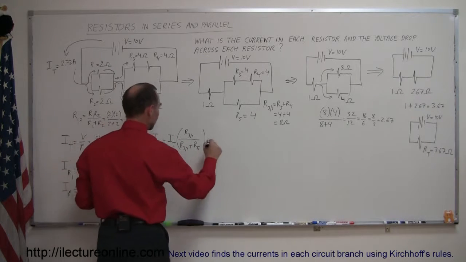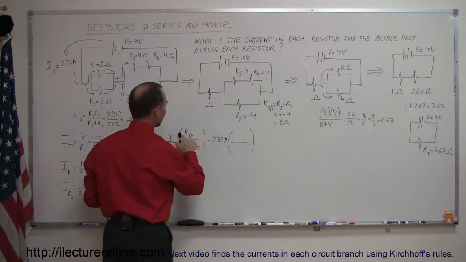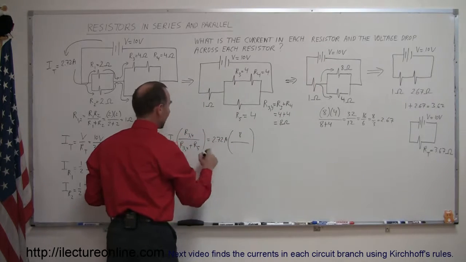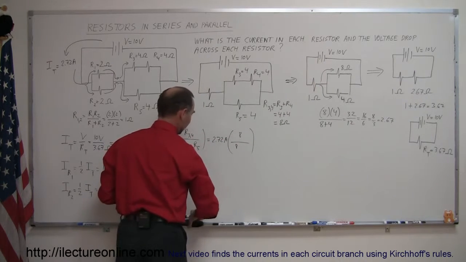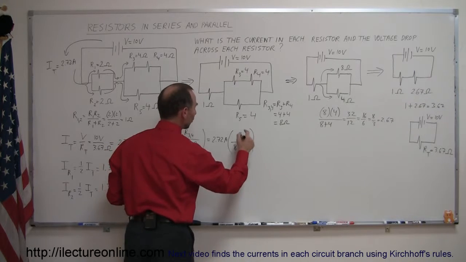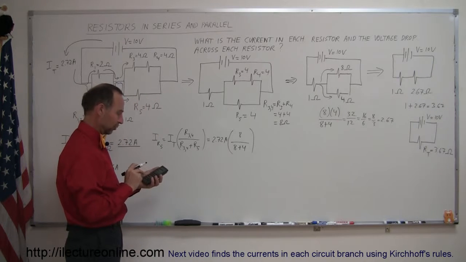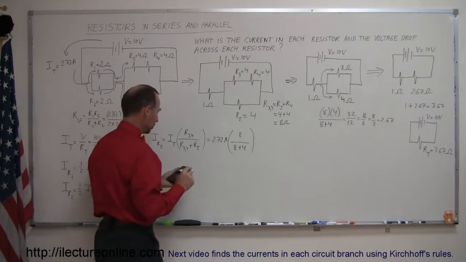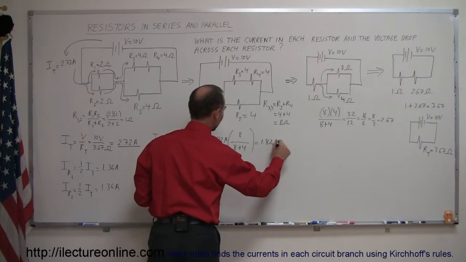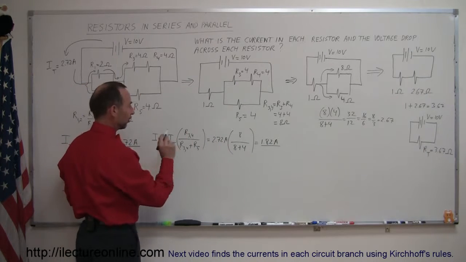So I total is 2.72 amps times the ratio of the resistance: the equivalent resistance of 3,4 is 8 ohms, divided by 8 plus 4, which is 2/3 of 2.72 amps. So that would be 1.82 amps.